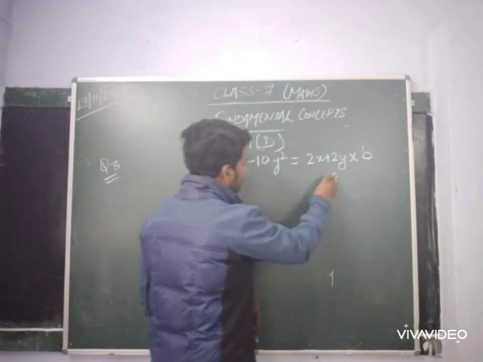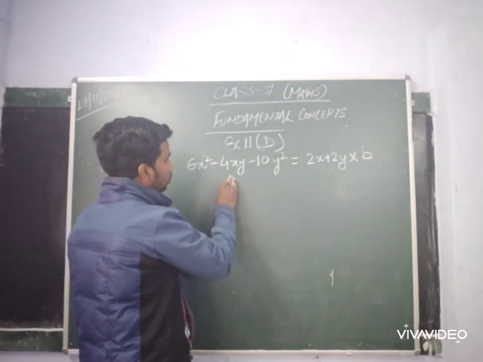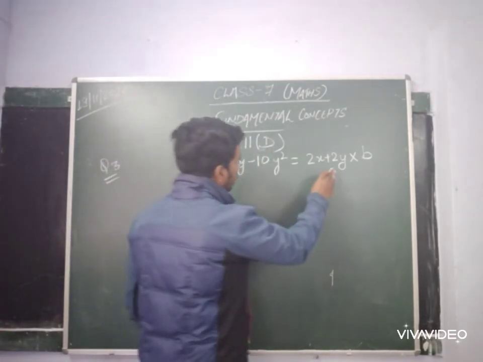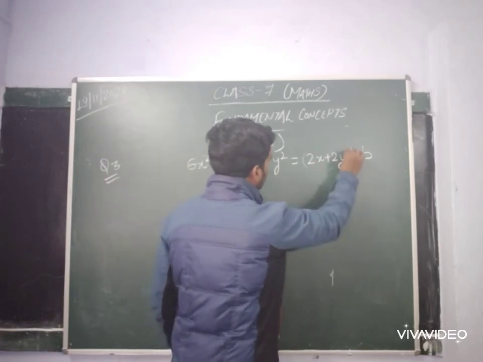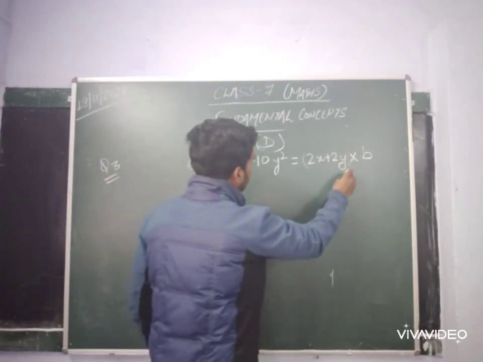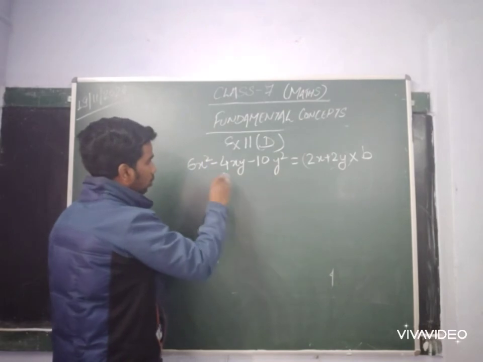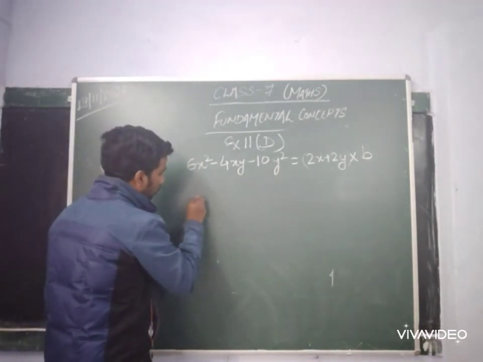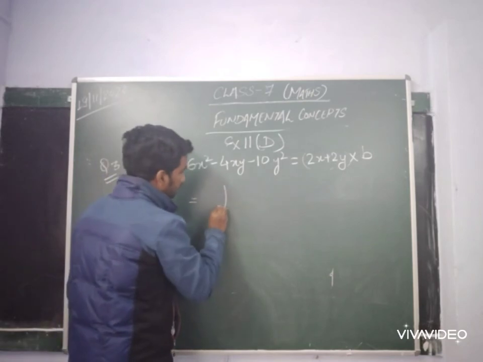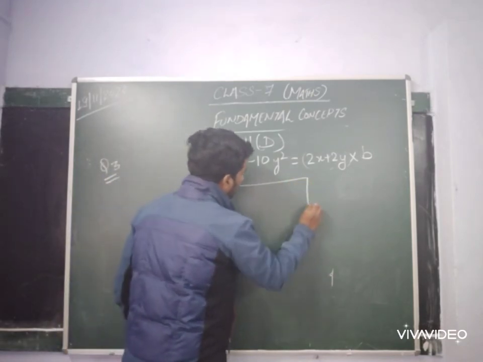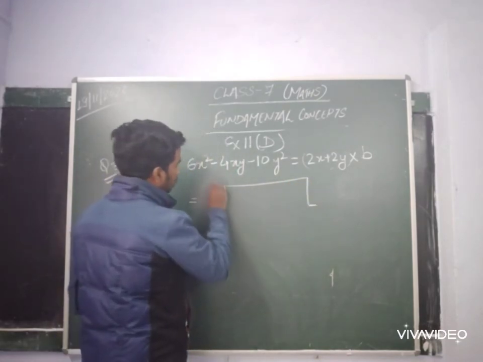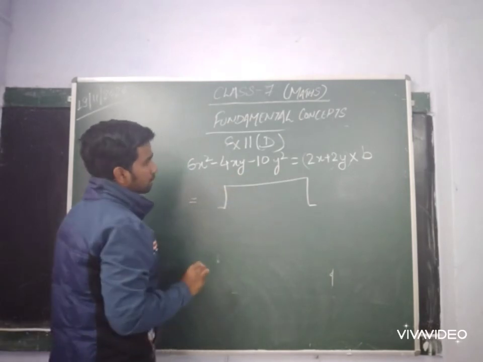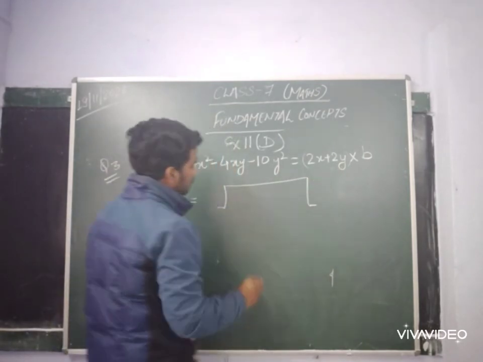When we transpose it and take it to this side, the sign automatically will be changed. So here it was in multiplication, and when it goes over here, it will be in division. So we will divide like this. Clear? Because this is a polynomial expression and this is also a polynomial expression.